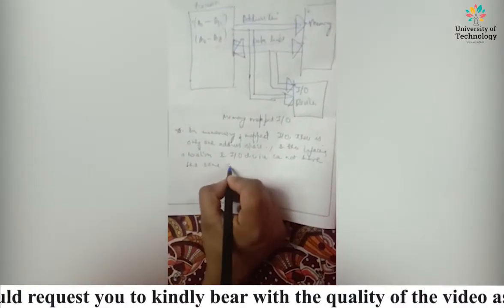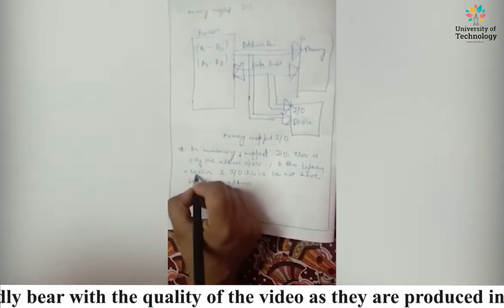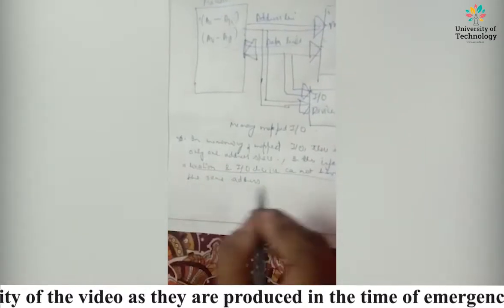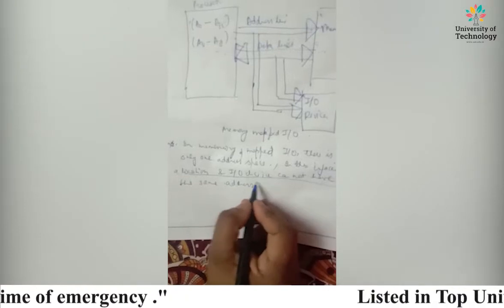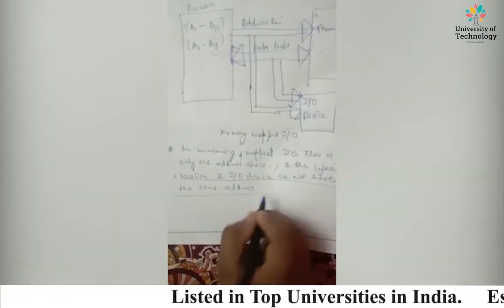This point is really important: in this interfacing, memory locations and input output devices have separate memory addresses. They cannot have the same memory address.